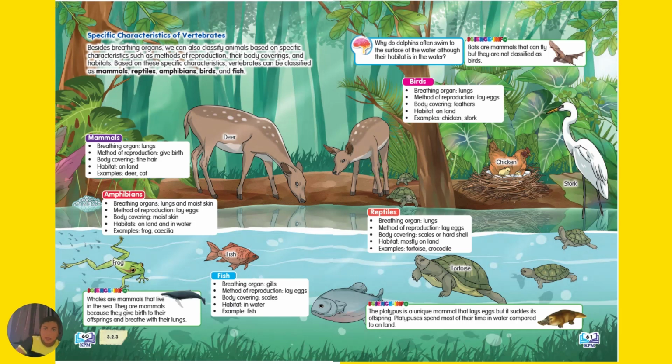Okay, understand? And you see here, the platypus is a unique mammal that lays eggs, but it suckles its offspring. Suckles maksudnya memberikan susu lah. So it lays eggs, but it suckles its offspring. Dia menyusukan anak dia sendiri. Itu yang dimaksudkan dekat suckles its offspring. Okay, and platypus spend most of their time in water compared to on land.